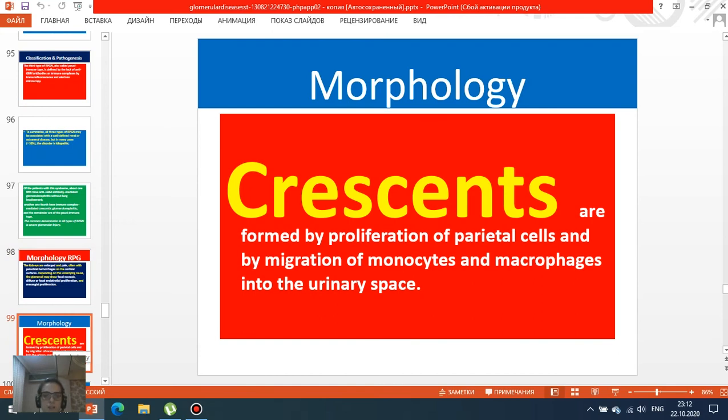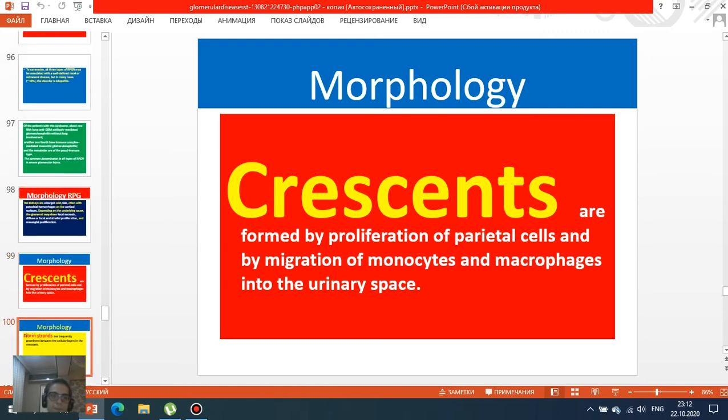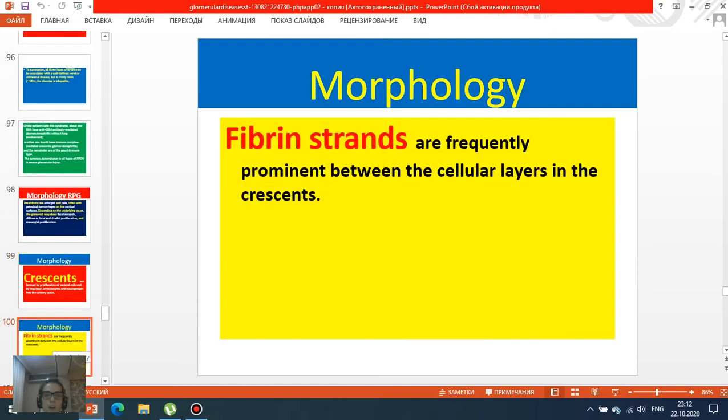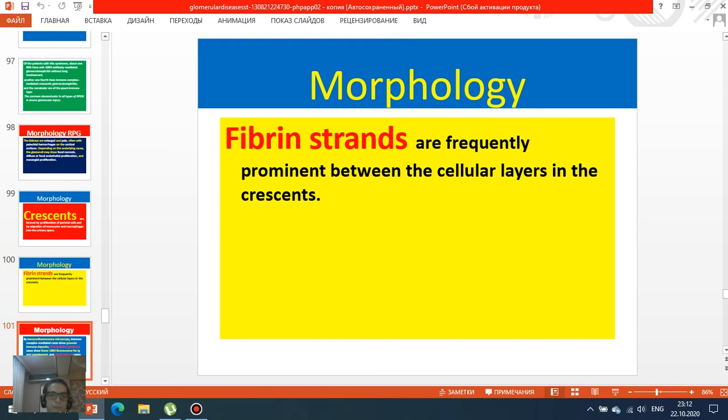Crescents are formed by proliferation of parietal cells and by migration of monocytes and macrophages into the urinary space. Fibrin strands are frequently prominent between the cellular layers in the crescent.